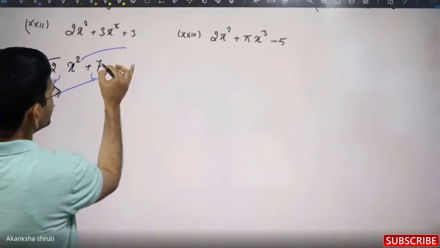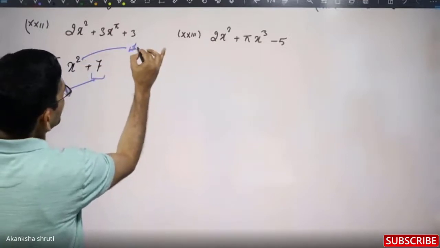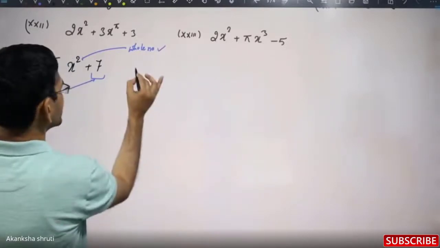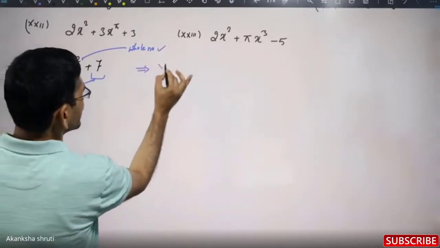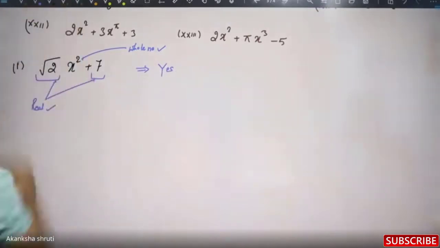The constant term is x to the power 0, so leave it. Yes, it is a whole number. Second condition is also verified. Therefore, yes, it is a polynomial.